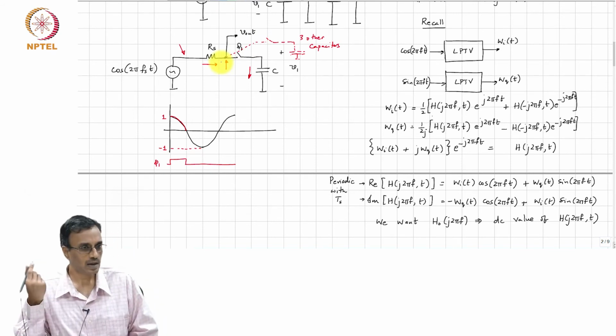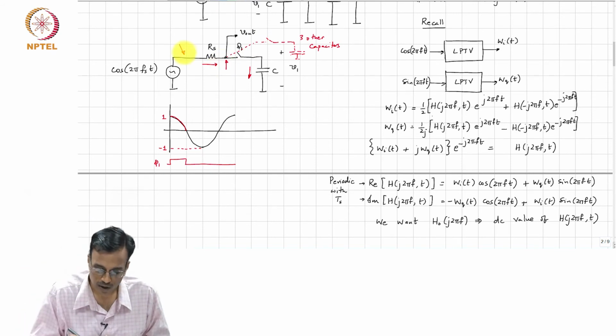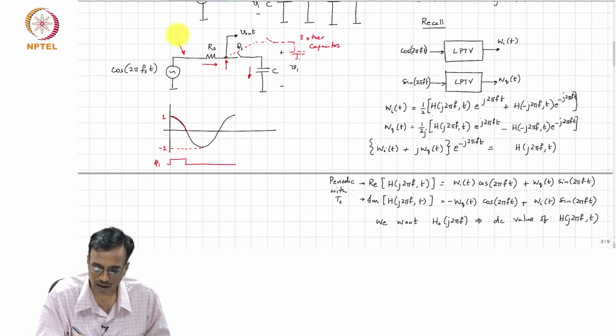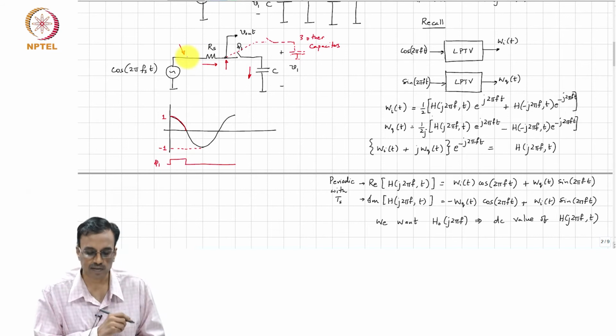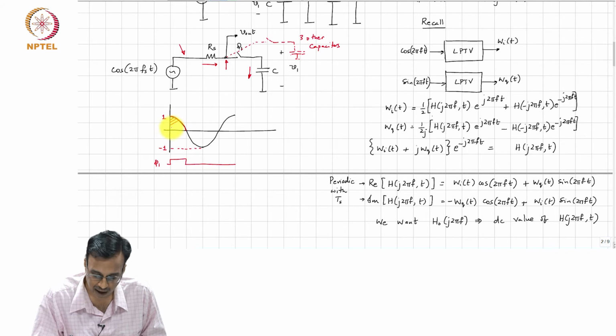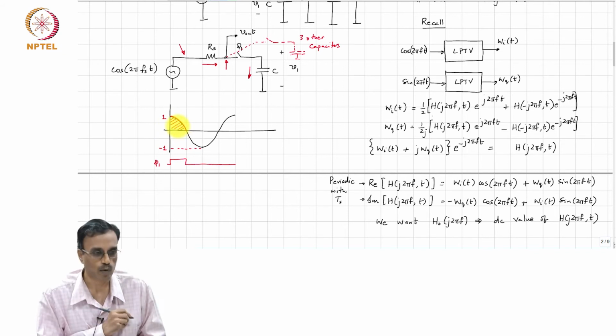Right, both should be equal. So, when phi 1 is high, what is the average voltage at the left end of the resistor? It is simply, yeah, very good, that is the average value of that quarter cycle, right.